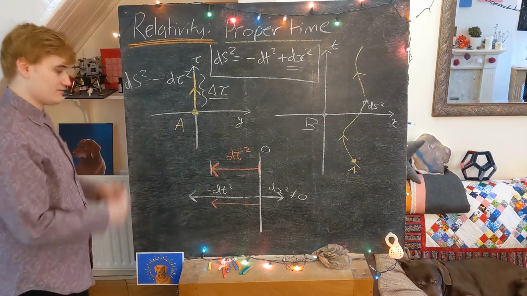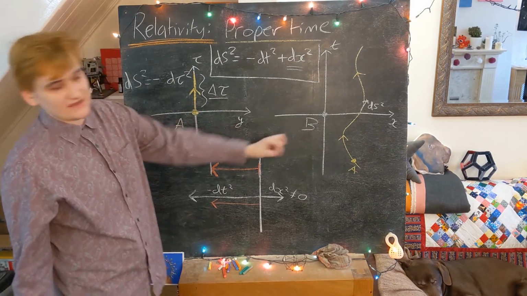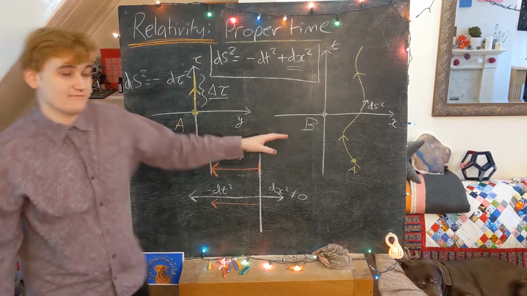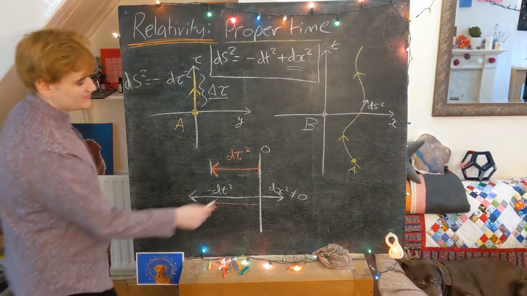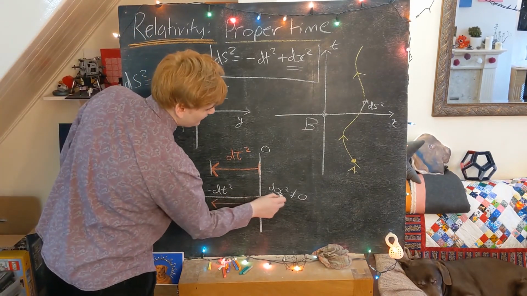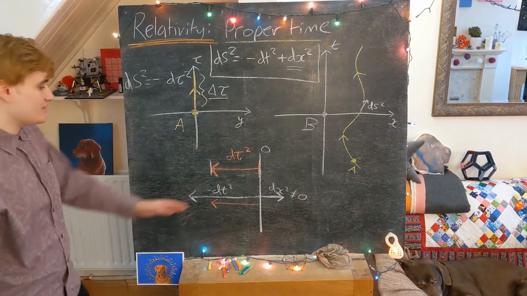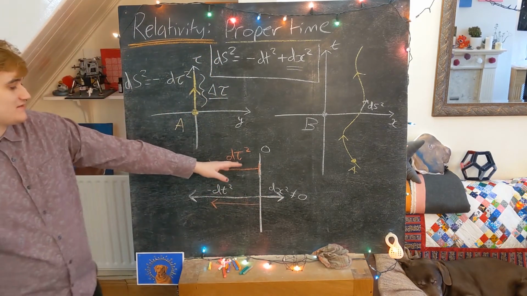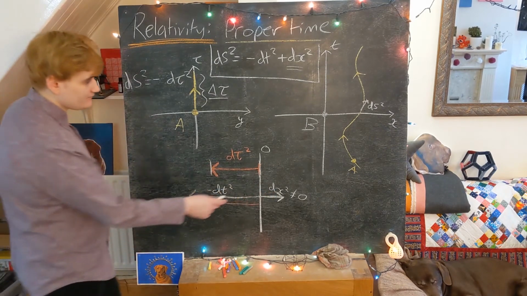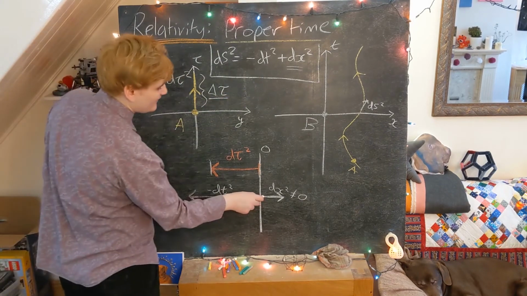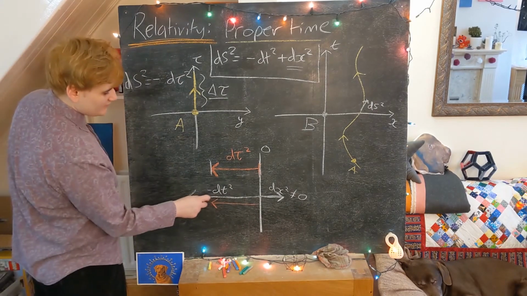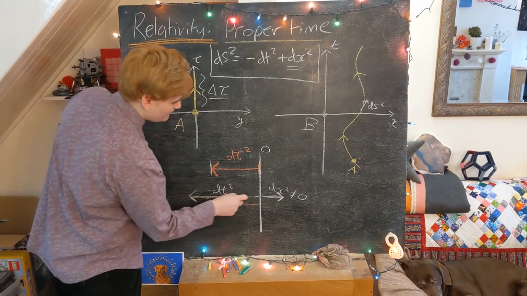But now, as we've seen, allowing that observer to be viewed by some other stationary observer who sees this observer now moving in their frame, i.e. having some non-zero amount of dx, just from the form of the line element, translating this d tau interval into some space and time interval, just because of the minus sign, if the x now increases away from 0, this dt is going to also have to increase to become more negative in order to compensate.